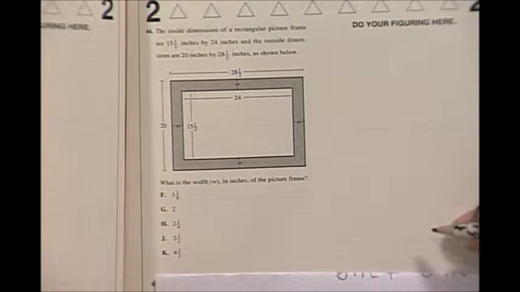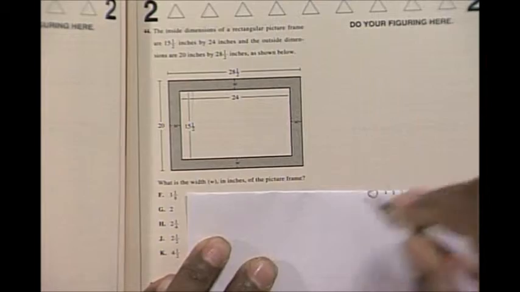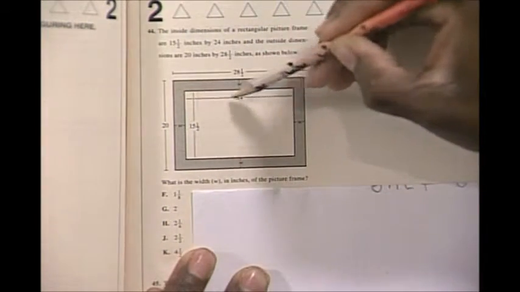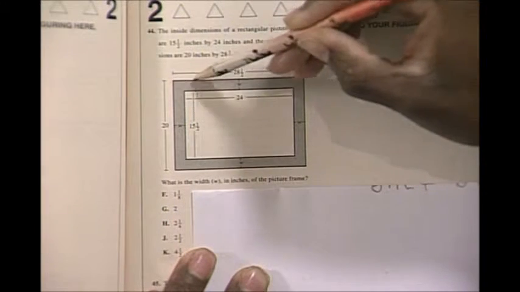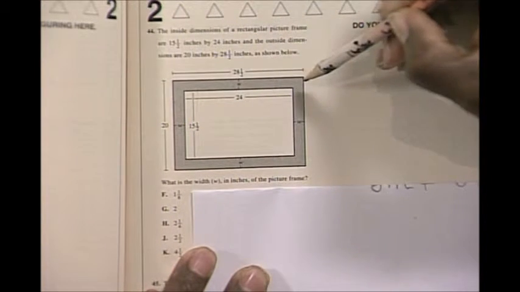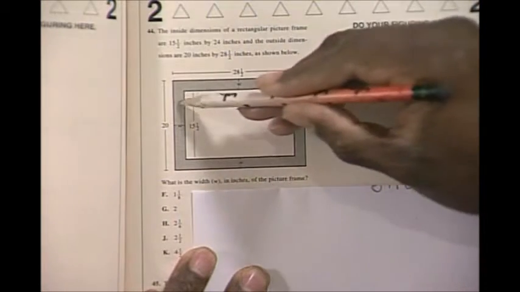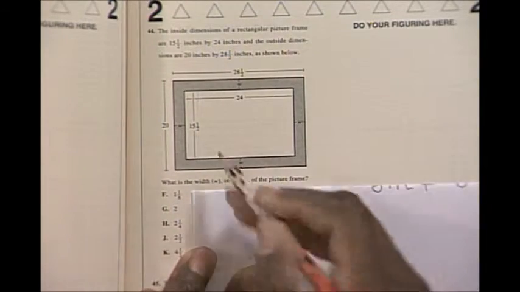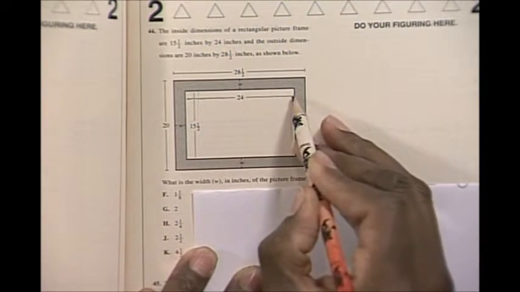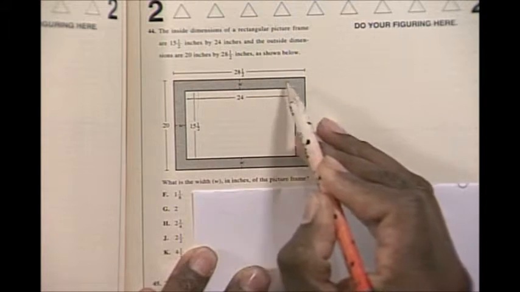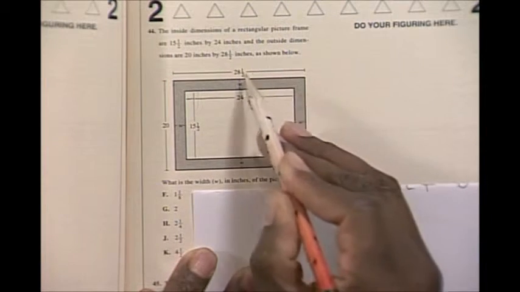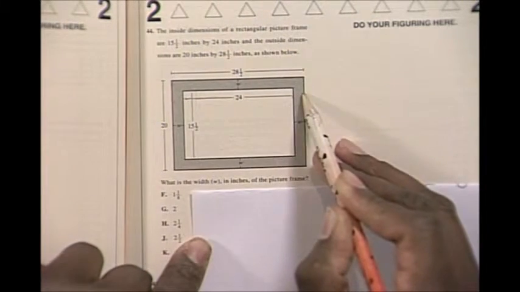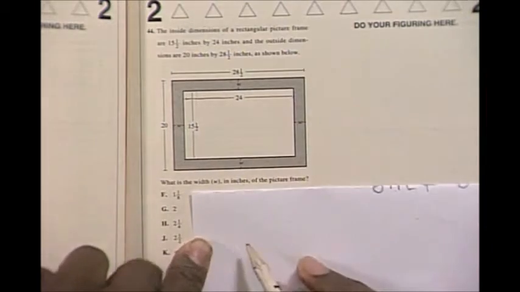So there are two ways that you could go about getting this answer. First way is to see that if they give you this as 24 and this overall dimension as 28 and a half, the dimensions that they have not included in the 24 are the actual width of the picture frame. So the difference between these two numbers would represent this width added to this width here, because that's not included in 24.